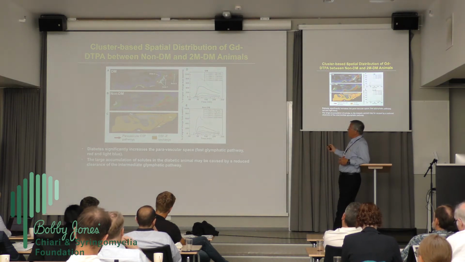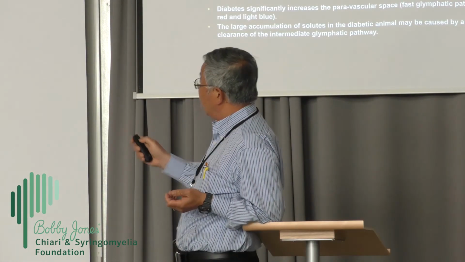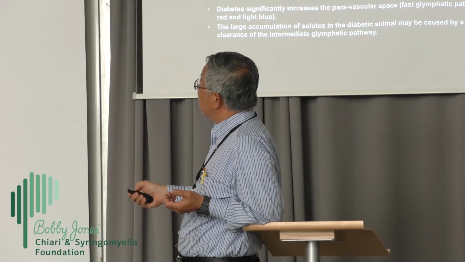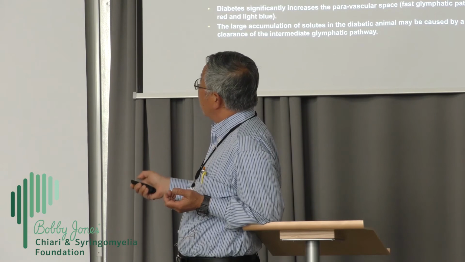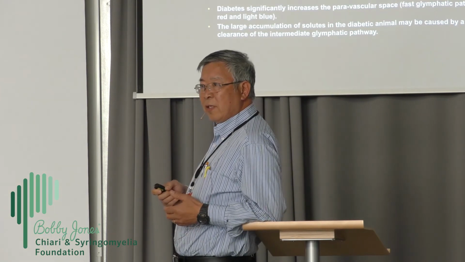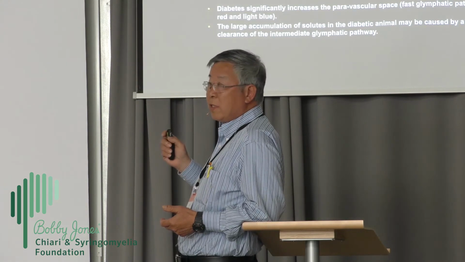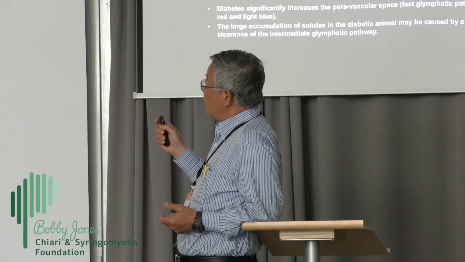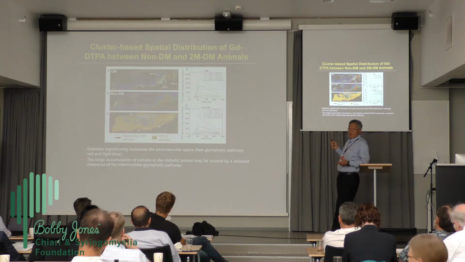And then we back project the color into the brain. You can say this is diabetes, this is no diabetes, for each pathway. We found a very interesting result in this analysis. The first result is that the diabetes animal has a large area with the fast glymphatic pathway.